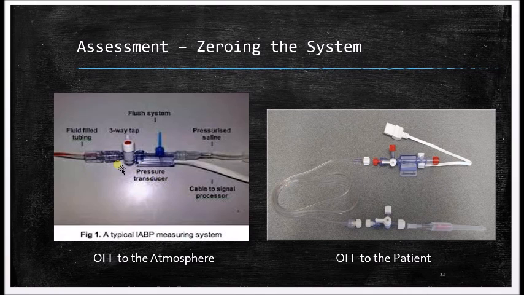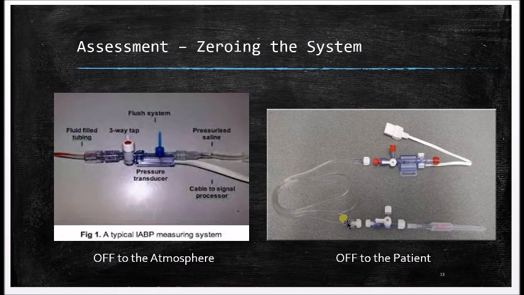So we take a look at this part here. The stopcock is actually pointing up, right? So the patient in this way is open and is also open to the back and the transducer. This system is an open system, off to the atmosphere, which once your arterial line is working, you want it to be off to the atmosphere like this. This one over here, you can see that it is pointing towards the patient, right?